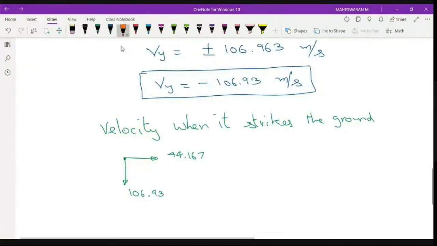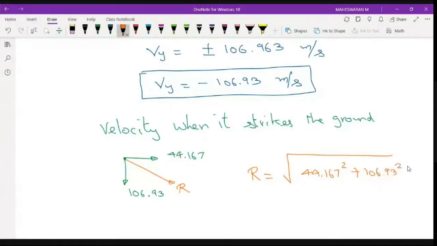These are the two values. You have two components now, like forces. I say force because I'm considering velocity similar to force. So I will identify the resultant. The resultant is equal to root of 44.167 the whole square plus 106.93 the whole square.